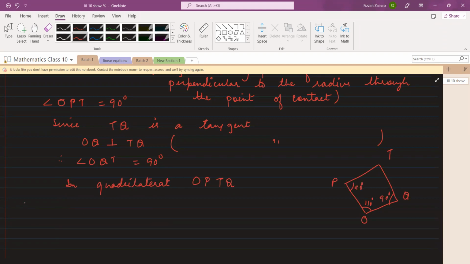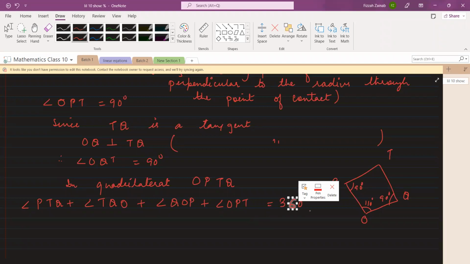First of all, name the angle. So angle PTQ plus angle TQO plus angle QOP plus angle OPT is equal to 360 degree. Any problem? Angle sum property of quadrilateral.